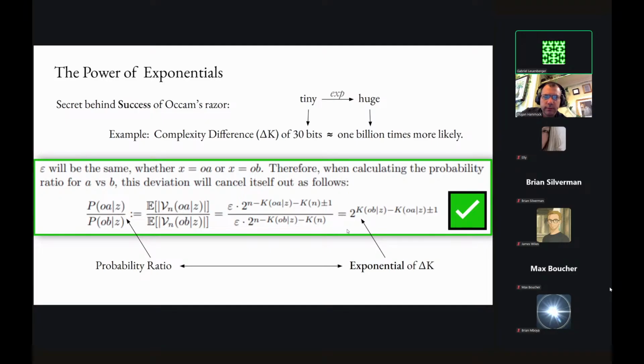So O is the old predictions, and OA is the old predictions plus new prediction A. The difference is the difference in model complexity, and the exponential of that gives you this probability ratio, which shows that this is a very strong strategy.